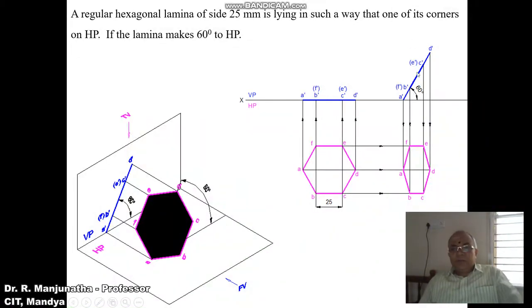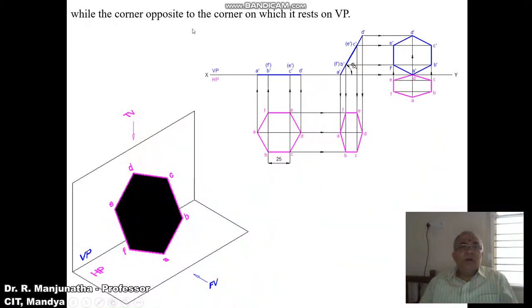Now when you are looking from the top view, this projected surface will be in this position. That projected surface is not shown here; it will be this one, which is shown here. And he says that the corner opposite to the corner on which it rests is on VP. So A is resting on HP, and the corner opposite to it is D, which is resting on VP.